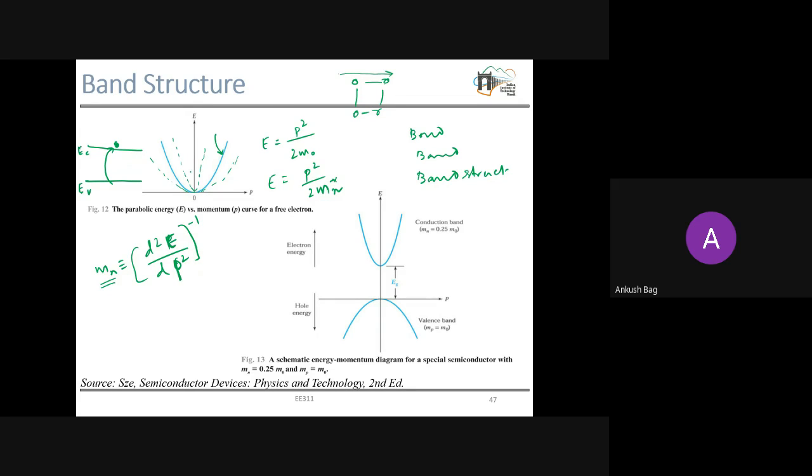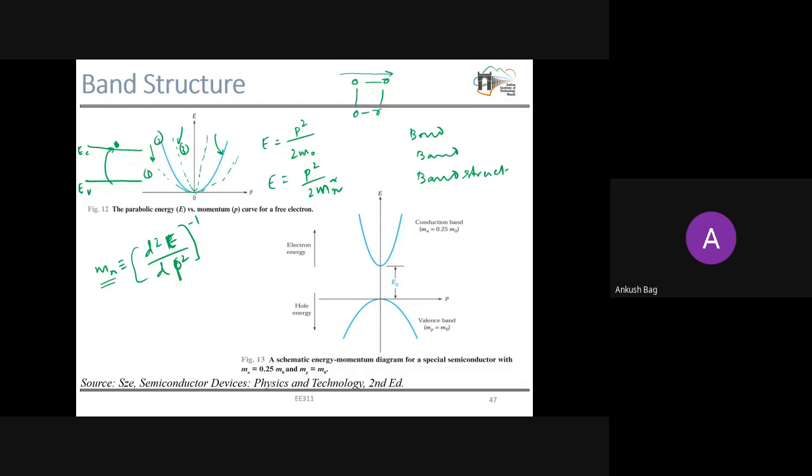Now, I will conclude this discussion. Let's say I give you these three materials which have a conduction band structure, this one, this is two, and this is, let's say, three. Looking at this band structure, you can easily explain which material is suitable for high frequency or high speed device application.